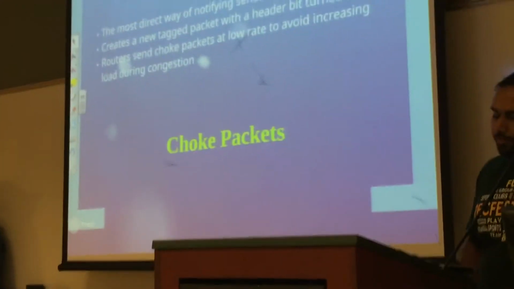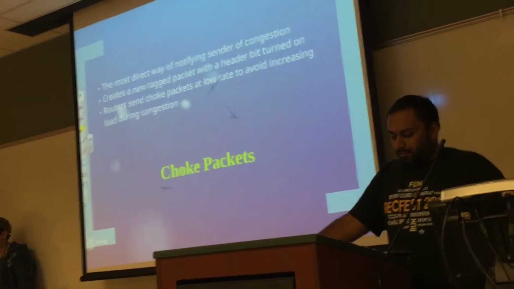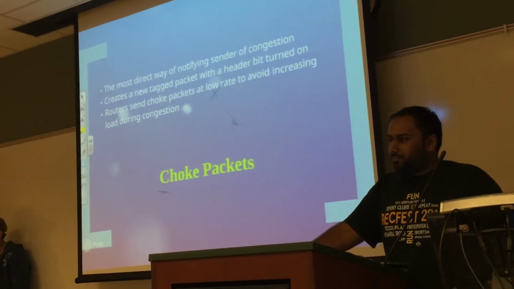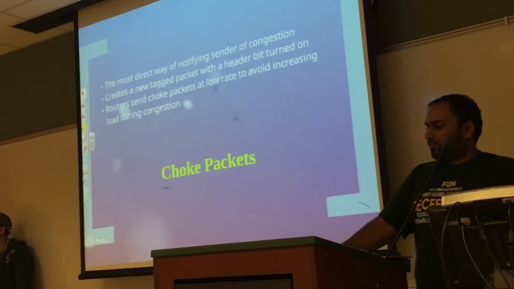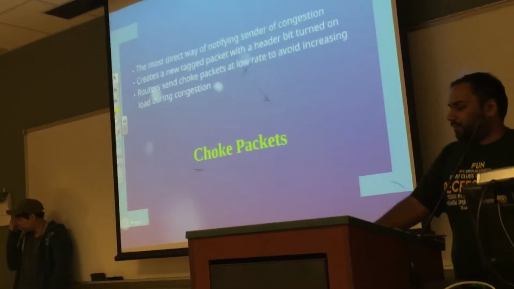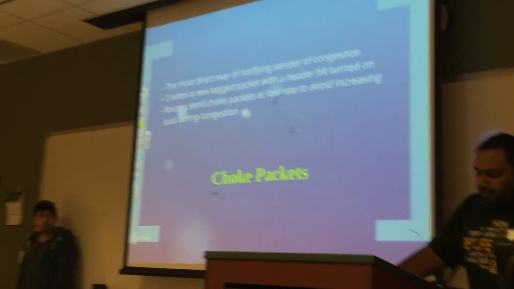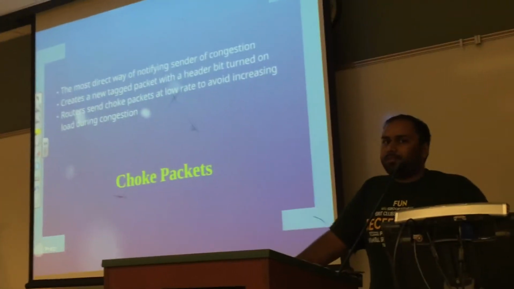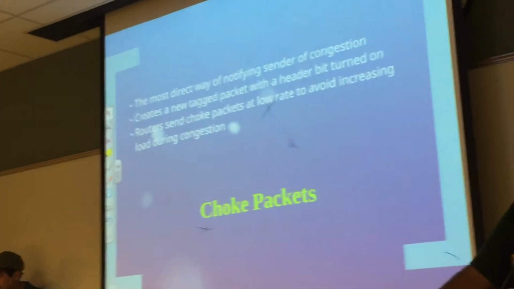The next method is called choke packets, which is the most direct way of notifying the sender. Choke packets are new packets that are created by the router and sent back to the source, so the source can be told directly that it needs to slow down. They're sent at low rates to basically not congest the network any more than it already is.